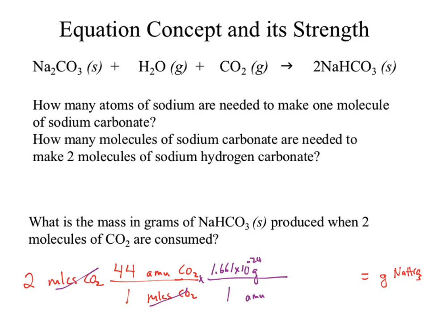Okay, and here's where we're going to pause in this whole conversion process. Even if we multiply that out, we still have a problem because we haven't changed the substance yet. What is the ballpark power of 10 order that we're going to have for our mass?